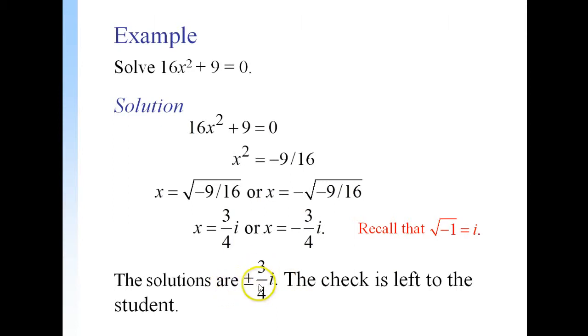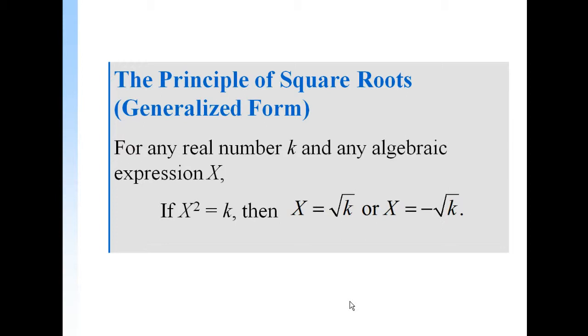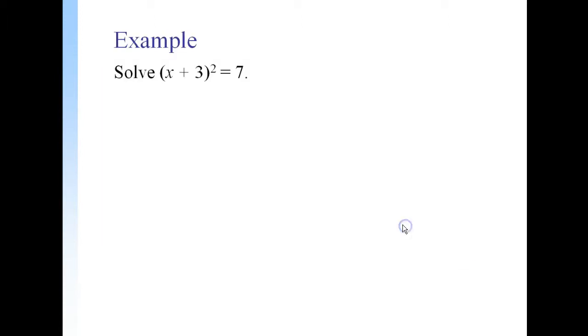Often a way to write it is the way we showed, plus or minus 3/4 i. I like the way they're showing that. So for any real number, they're repeating that rule. This is the principle of square roots. But again, you always have to ensure you get a positive and a negative value.